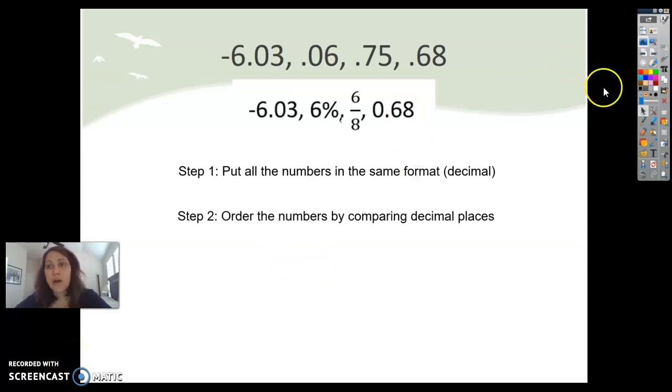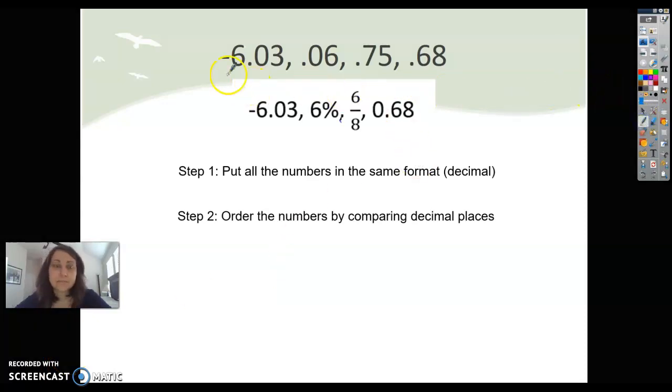Okay, so I have here, this number is a negative and all the other numbers are positive. So without any other information, I know that the negative number is smaller than everything else. But then I'm going to look at my tenths place. I have a 0, a 7, and a 6. So if I'm ordering from least to greatest, which has the least in the tenths place?